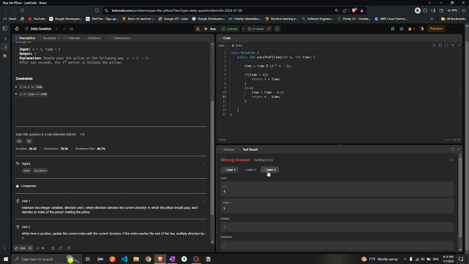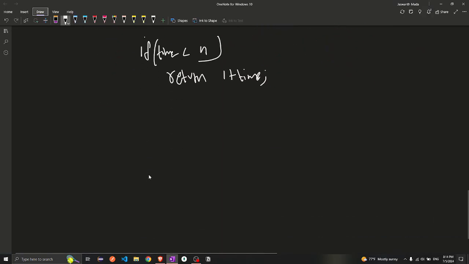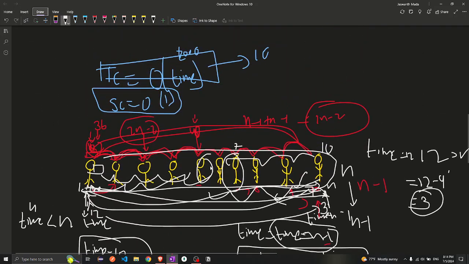Output 4. The time is less than n. Suppose if we have 10 people and we have 9. 1 plus 9.